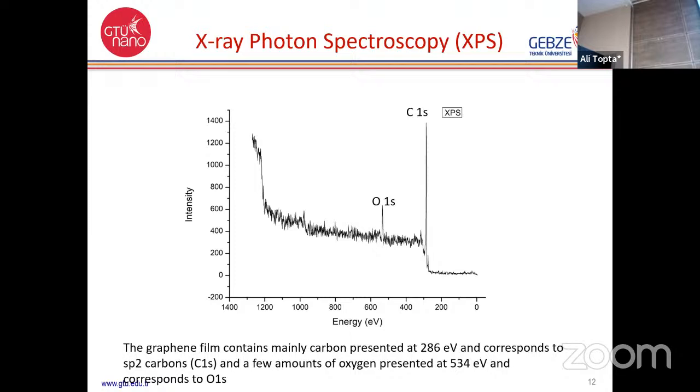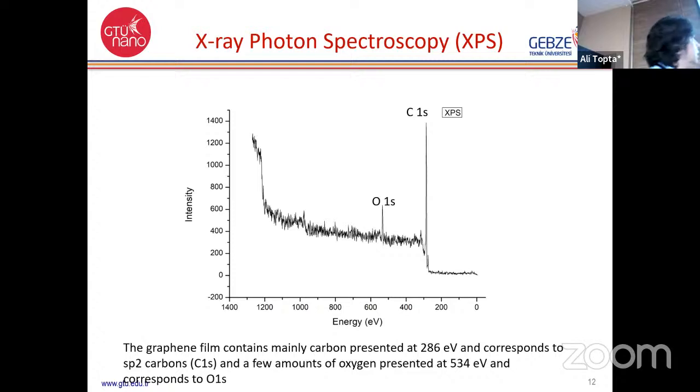We do have oxygen, we do have carbon. These oxygens correspond to defects of graphite, which are located at the edge sites, and they are usually carbonyl or hydroxyl units. Okay.